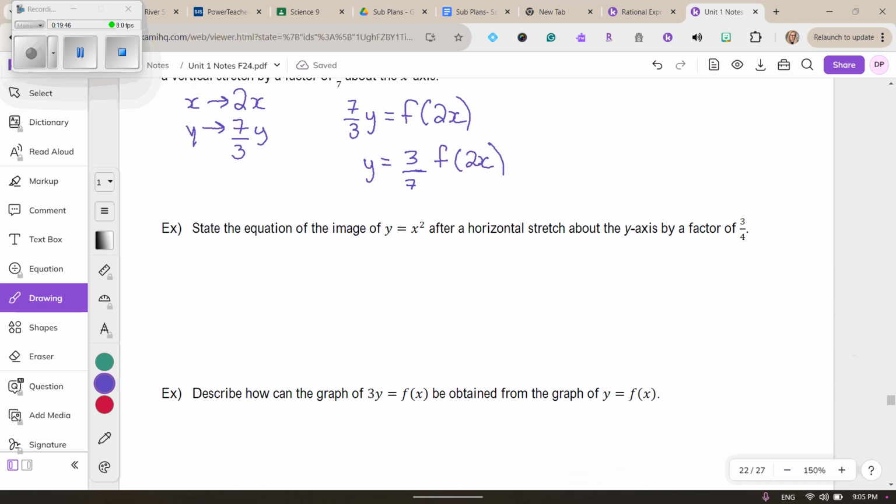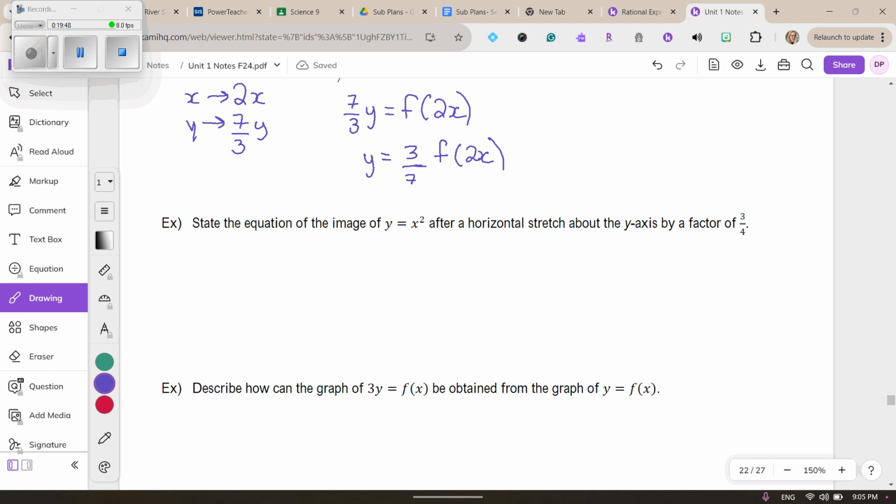Next example. State the equation of the image of y equals x squared after a horizontal stretch about the y-axis by a factor of 3/4. These ones are nice if they give us equations because we can use our calculators to check our answers. So we have the original graph y equals x squared, and a horizontal stretch by a factor of 3 over 4.